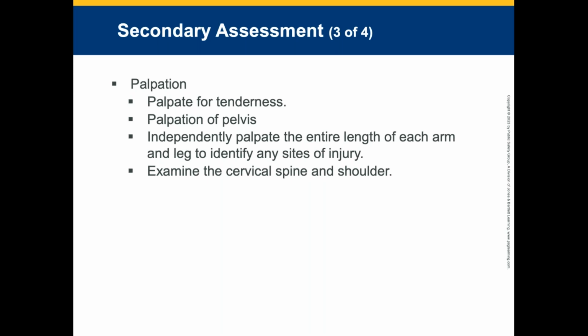Palpate above and below the injury site. Don't actually push on the site itself. Identify regions of point tenderness and reassess the tender areas afterwards. Did the procedures that I have done, the treatments, help it or make it worse? So reassess it, reassess pulses, reassess CSMs, right?